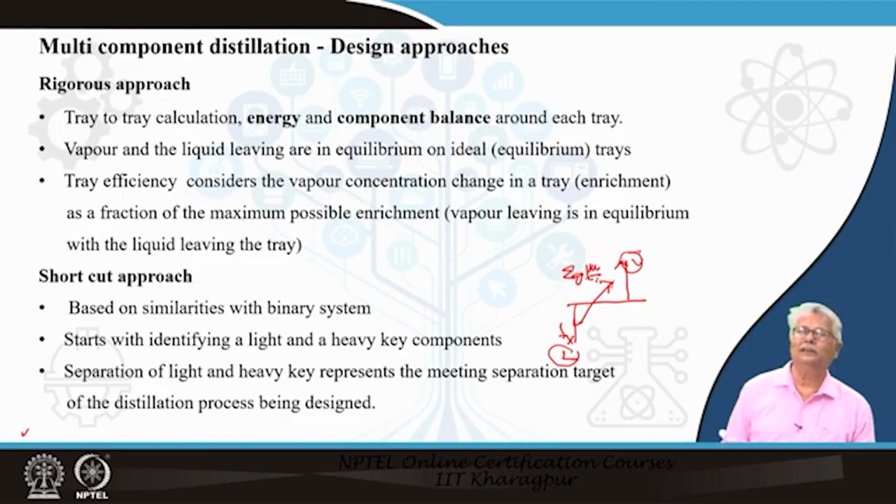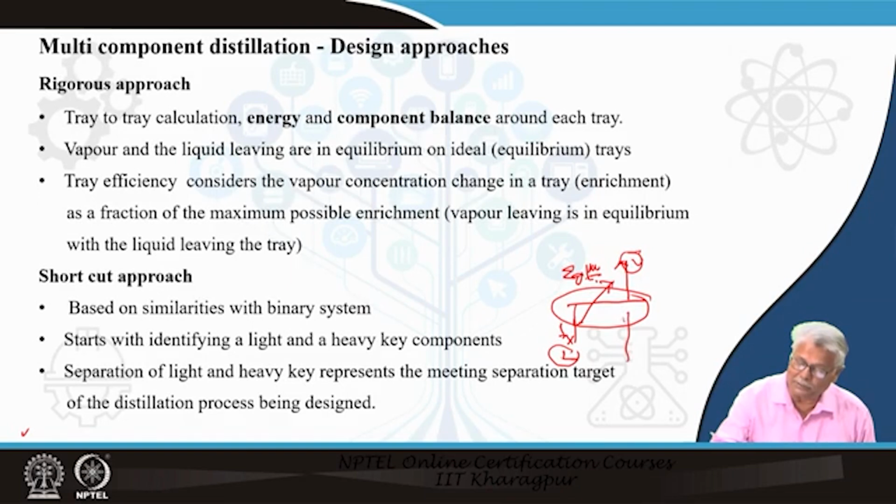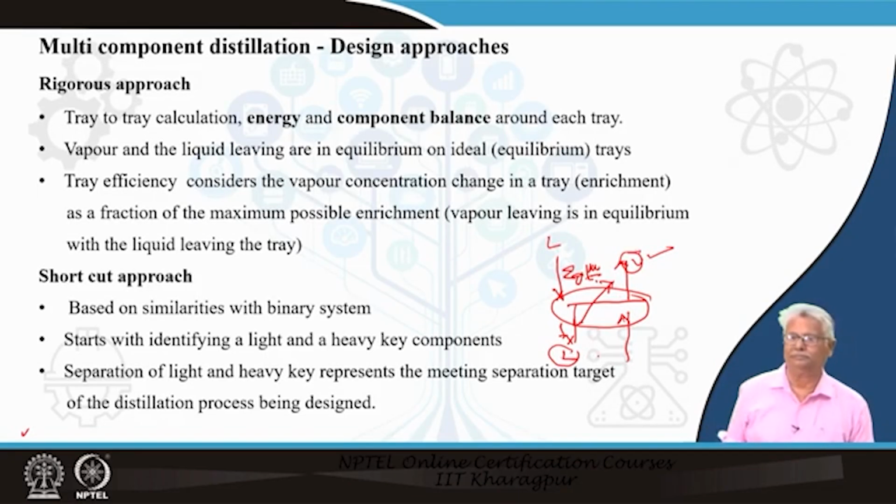In case of the rigorous approach, there are equations which will be telling you that around every tray, the enthalpy coming in and the enthalpy going out should match. The enthalpy comes through the vapor approaching this envelope as well as the liquid approaching this envelope, and the vapor leaving is from the top of this tray itself and the liquid falling off the tray here.